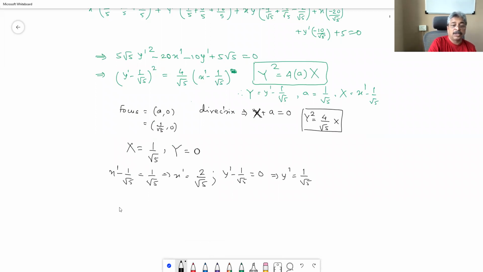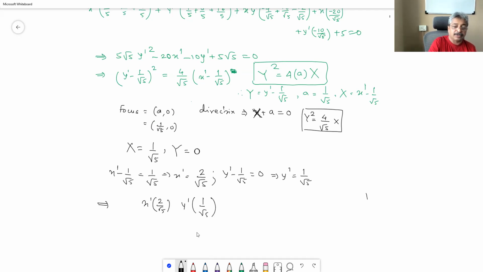You know what x dash and y dash are. You should put them in that equation. सांगा कसं करायचं? You know x dash is 2 upon root 5 and y dash is 1 upon root 5.